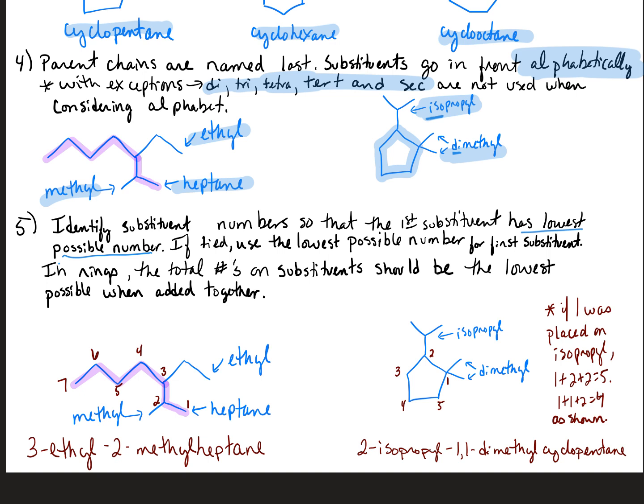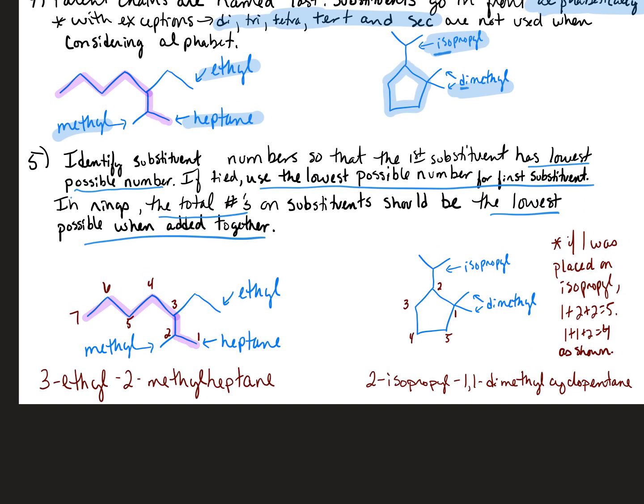If they're tied, then you want the lowest possible number for the first substituent. And then, if you're tied still, then the lowest possible number for the next substituent. When it comes to rings, however, the total numbers, if you add them all together, should be the lowest possible number, okay? So let's talk about that.